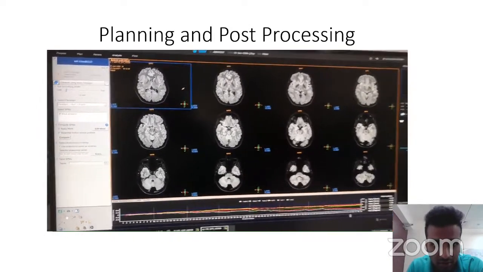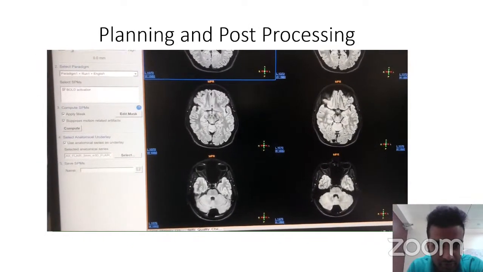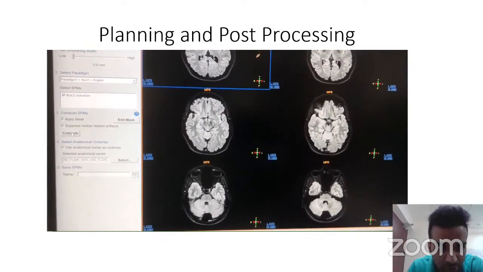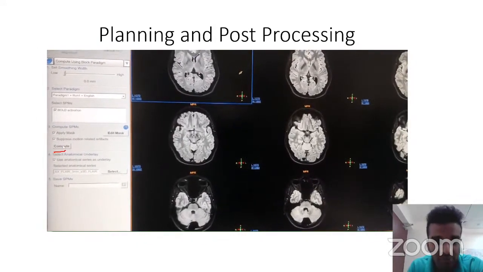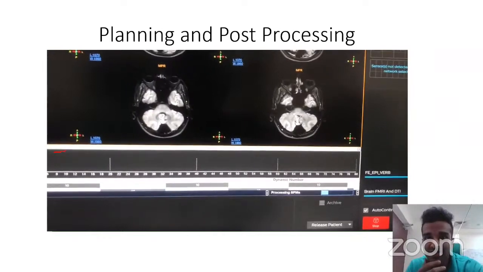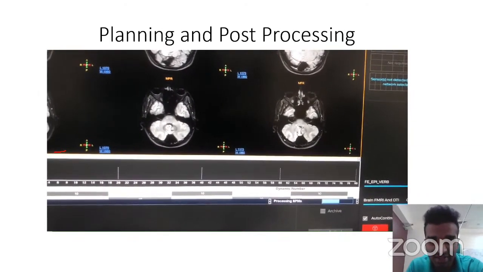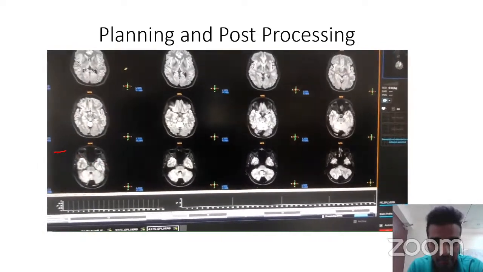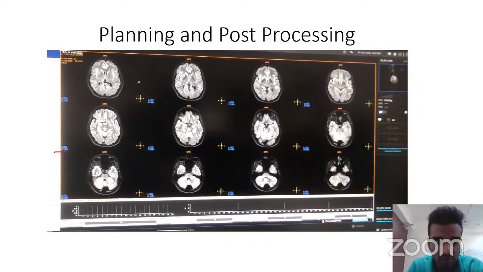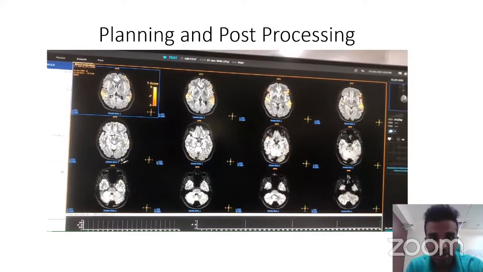Then compute option. With that compute option, see, our fMRI image is getting post processed. Once this processing gets over, you could see the signal. See, now you could see the signal in yellowish color.